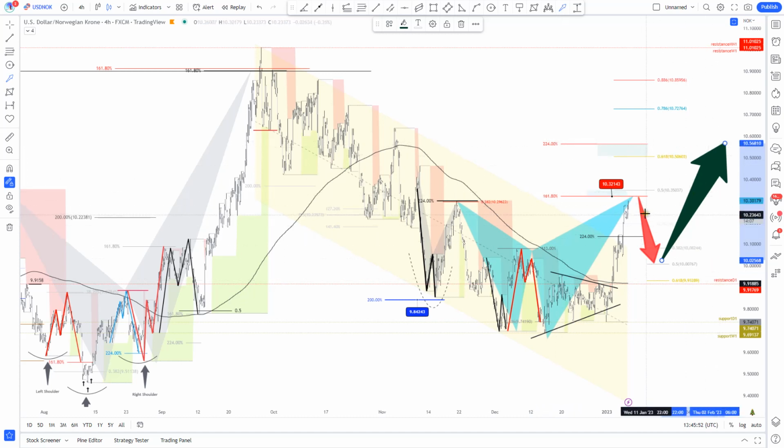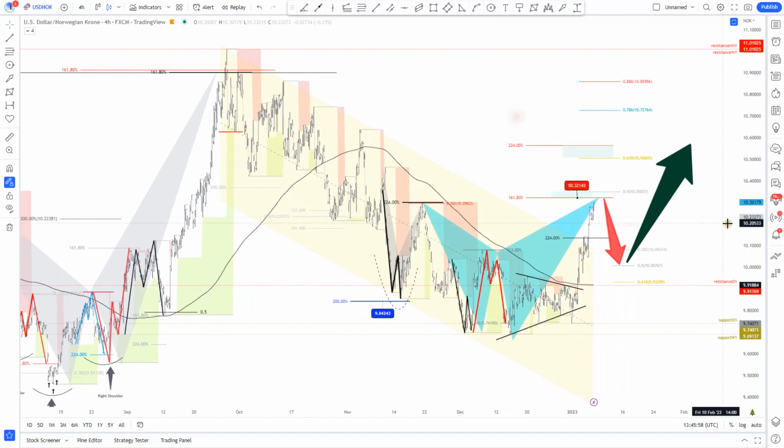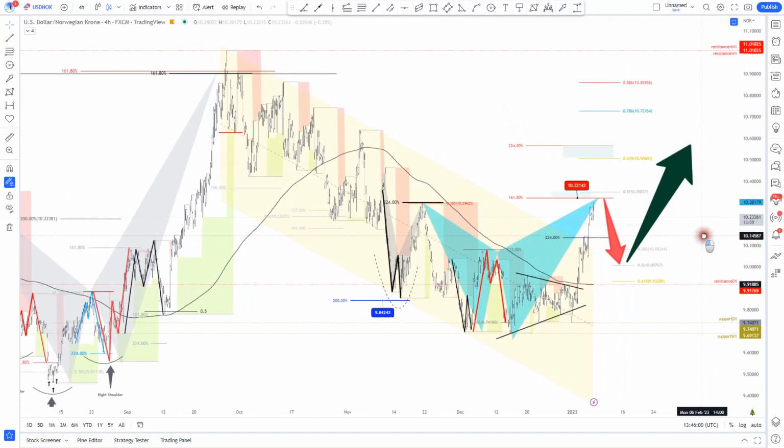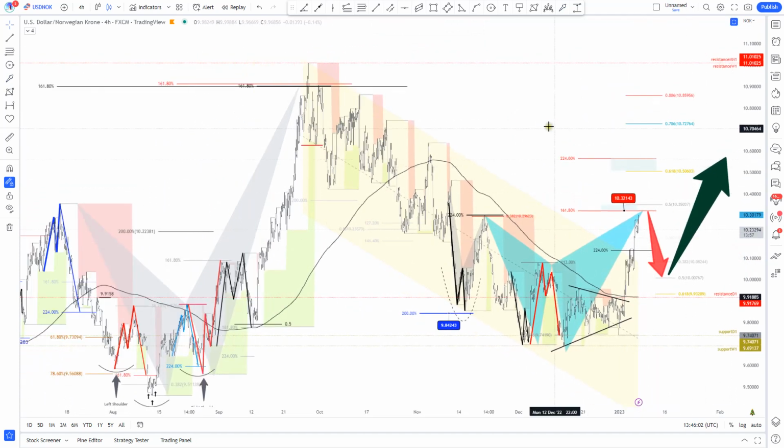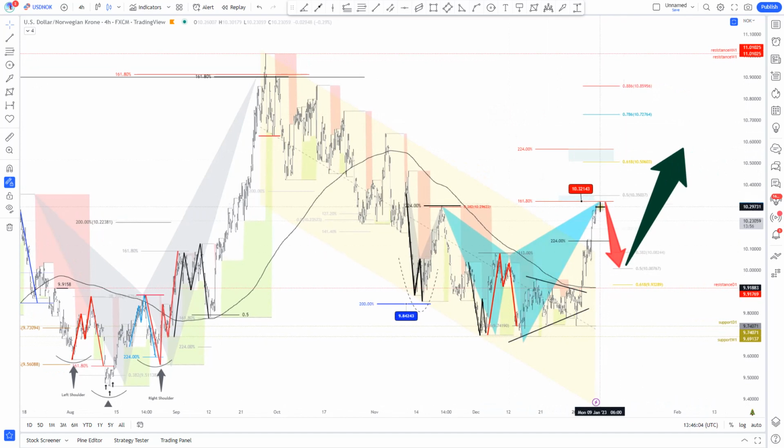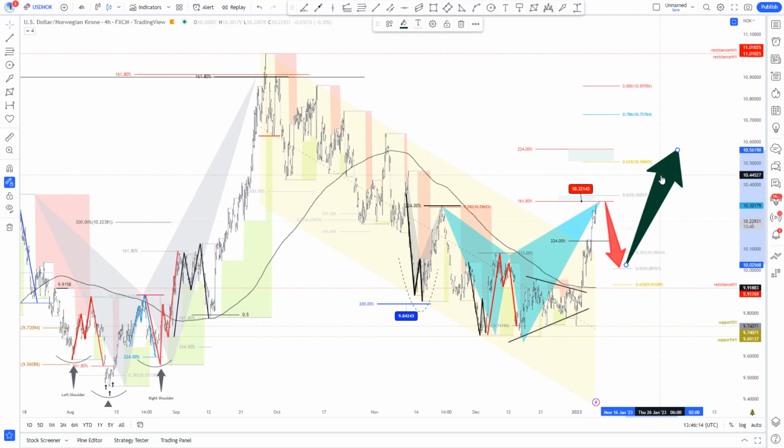That will depend on how much time the market will need to achieve those levels. If there is a pullback from the golden fib and then a bounce to new highs, it will depend on the time the market needs.